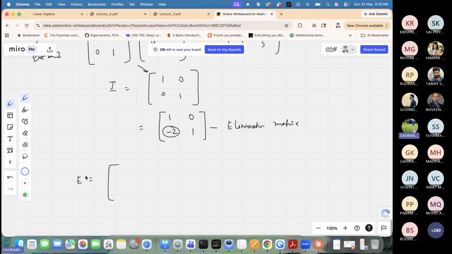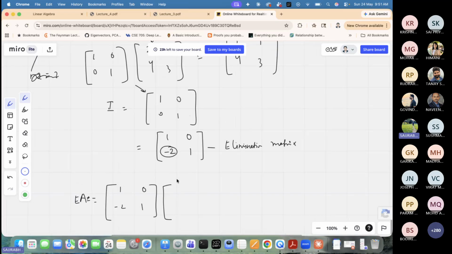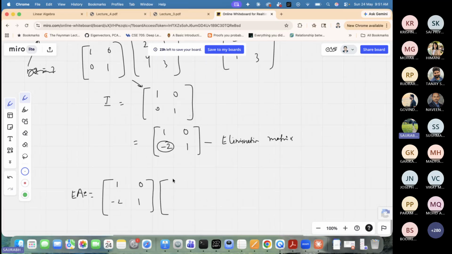If I multiply E with A, let's see what it will give me. E times A is 1, 0, minus 2, 1. This is the E matrix. I multiply it with A, 2, 1, 4, 3.